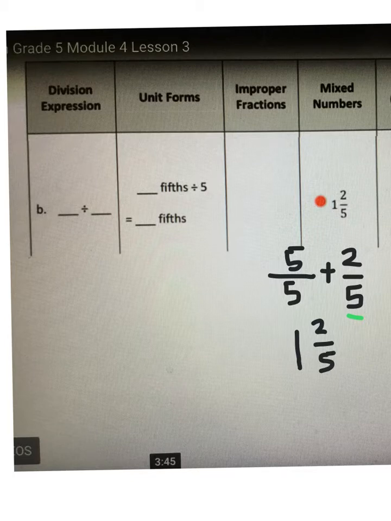What they want us to do here is to make it into an improper fraction. So 5 plus 2 is 7. The denominators always stay the same. So the improper fraction working backwards is going to be 7 over 5.